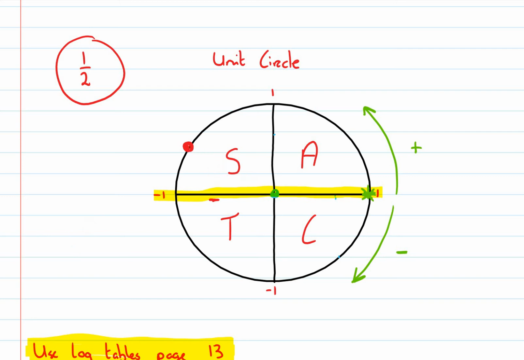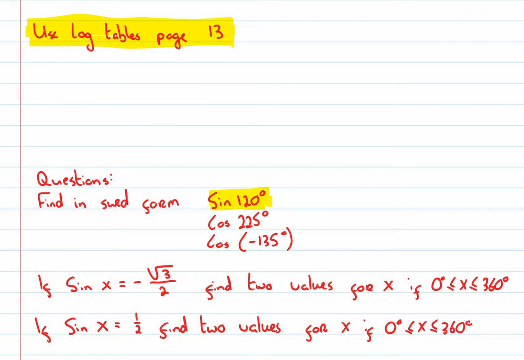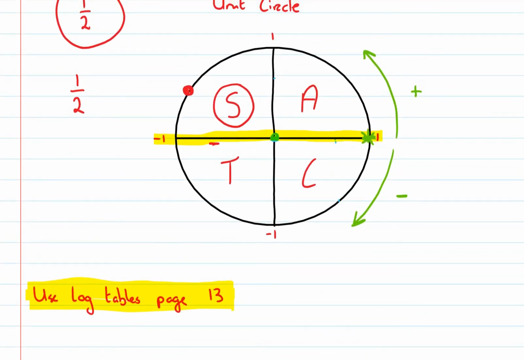In this quadrant, sine is positive, therefore it's positive. So sine of 120 degrees equals positive. Next one, cos of 225 degrees.